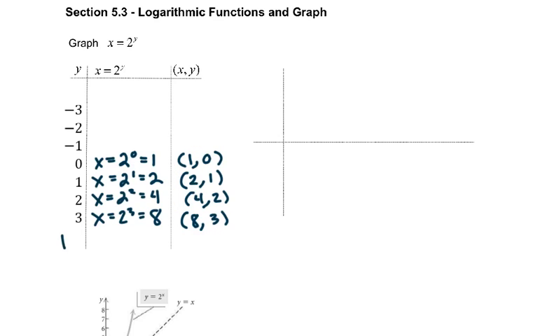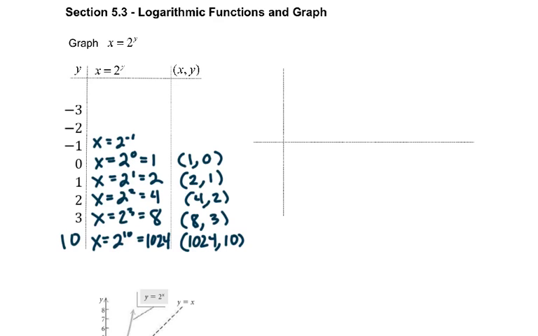And if we were to plug in y equals 10, well, that would be x equals 2 to the 10th, and 2 to the 10th is 1024. Okay, so we have some ordered pairs here, and we'll go in the other direction. Remember, when you're dealing with negative exponents, you have this reciprocal property.